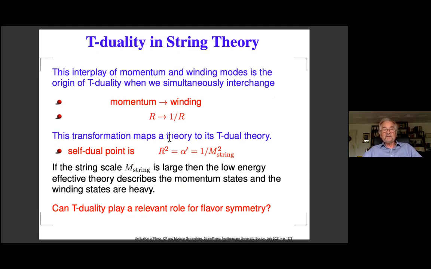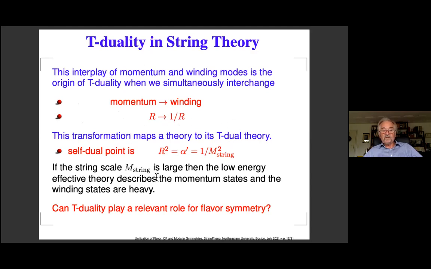This is the manifestation of T-duality in string theory. For this audience, I don't have to explain that. One has momentum exchanging with winding and R going to 1 over R, and then you have this T-duality. You map one theory to its T-dual.